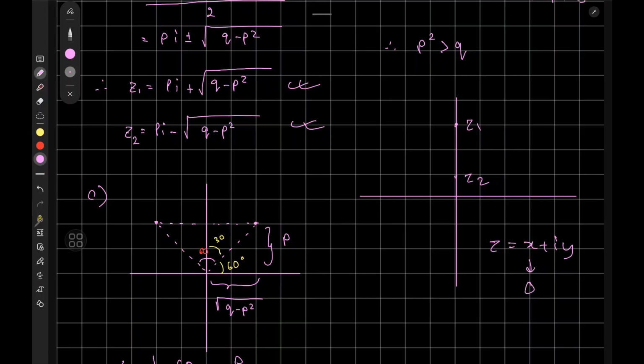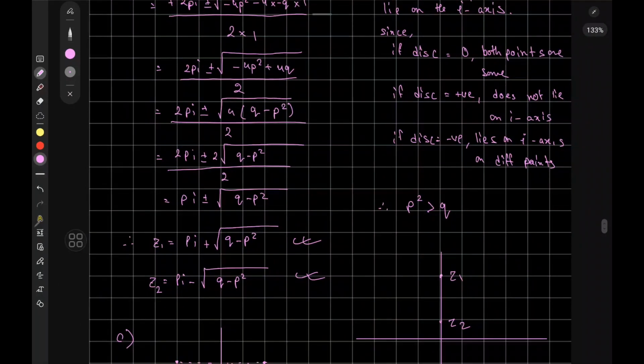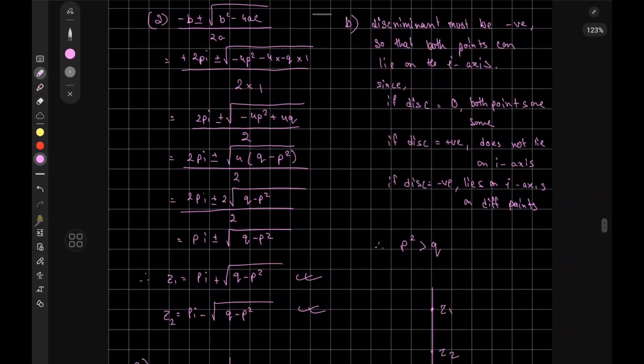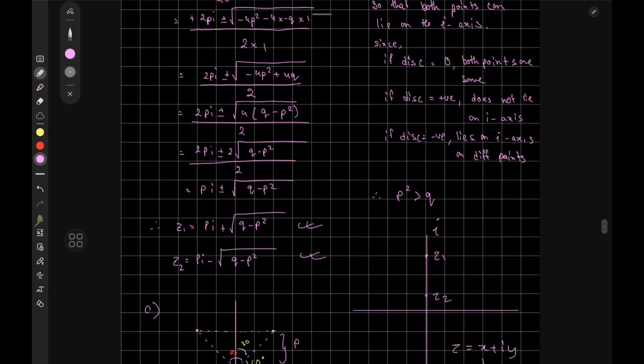X is supposed to be 0. Therefore, this means that if we go step by step, the discriminant must be negative, so that both points can lie on the I axis or the y axis. This is I and this is x.